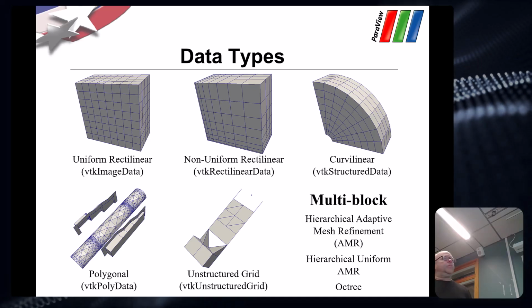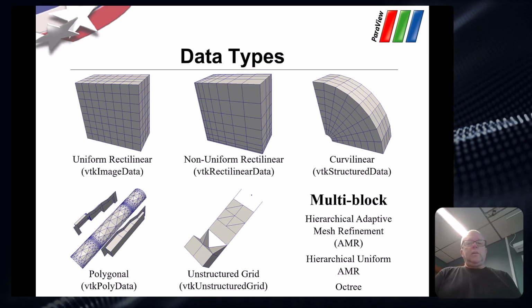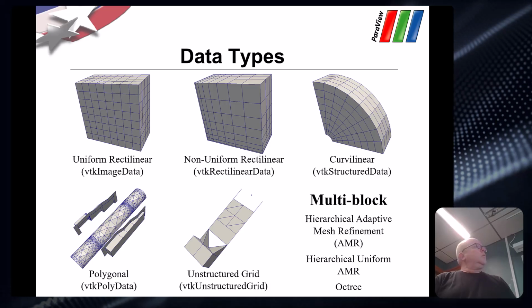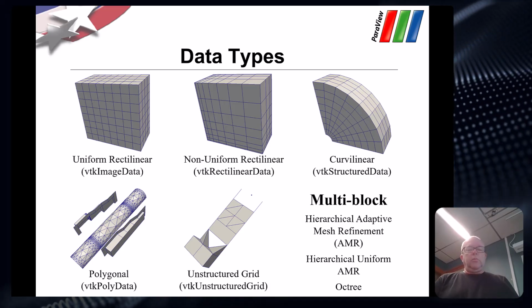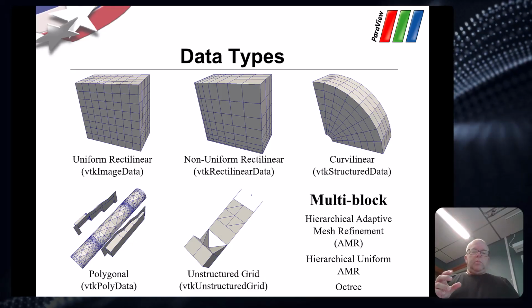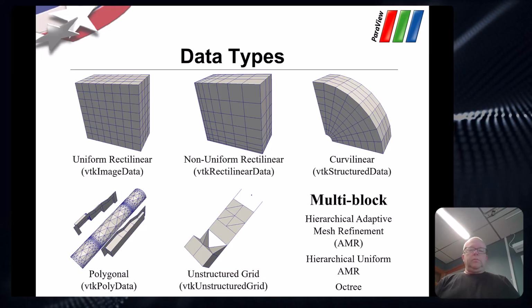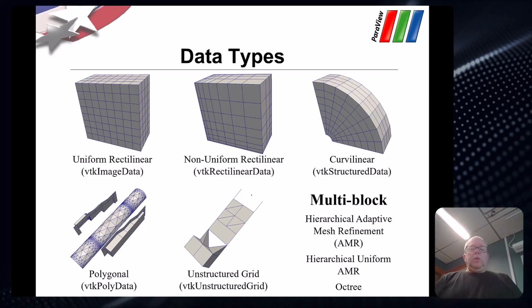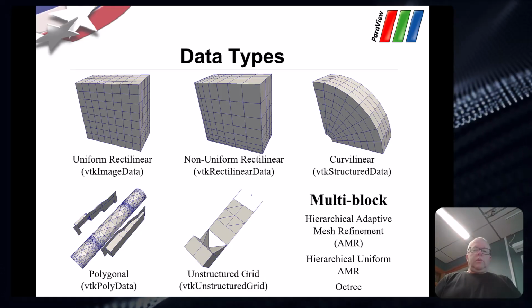ParaView supports many different data structures or data types. Starting from the top here, you have the uniform rectilinear grid. That is grid data that has the same distance between each point. Then you have a non-uniform rectilinear grid, where you can specify the distances between different points in the grid.